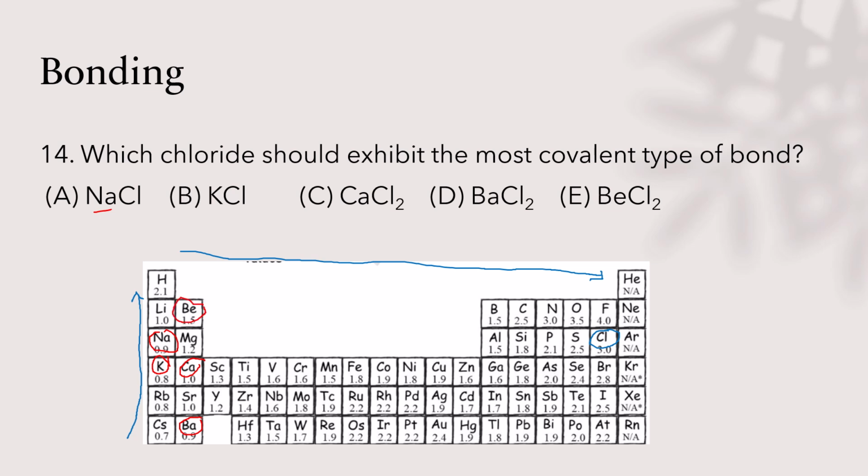So out of all of these, beryllium is the one that is highest up in a group, and it's also the one that's furthest to the right, meaning it's got to be the most electronegative one. And the values on this table confirm that. So beryllium chloride, choice E, is going to be the correct answer because since their electronegativities are the most similar, they'll be most likely to share those electrons.